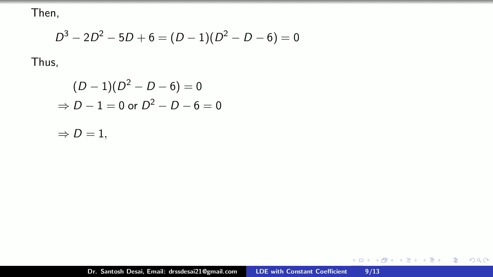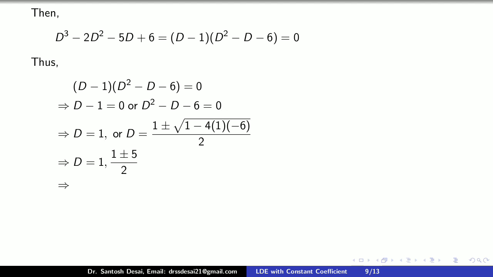The second one is the quadratic equation. So simplifying this we get d is equal to 1 plus minus square root of 1 minus 4ac, that is 1 into minus 6, divided by 2. So simplifying that square root we get 25. Square root of 25 is 5. So therefore d is equal to 1 plus minus 5 divided by 2.